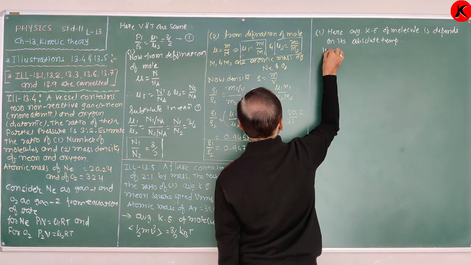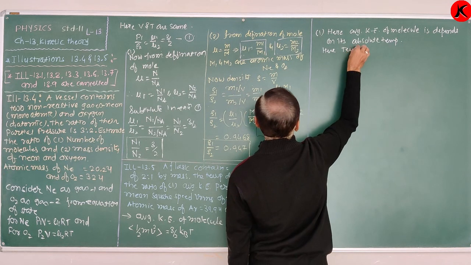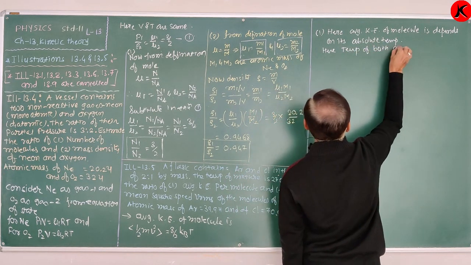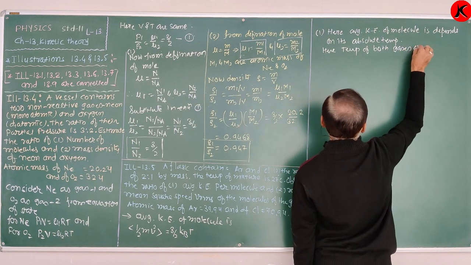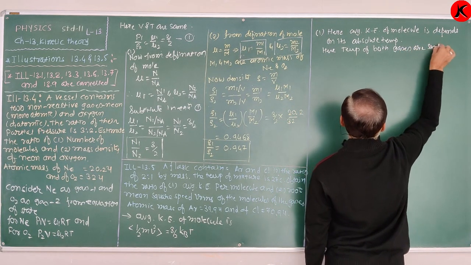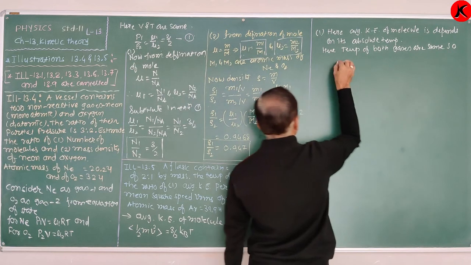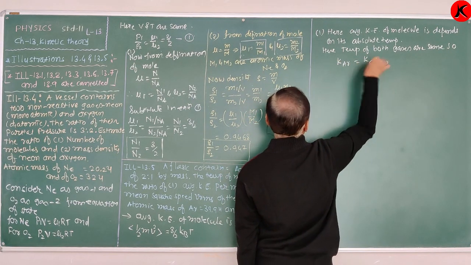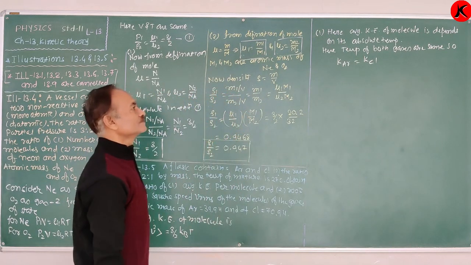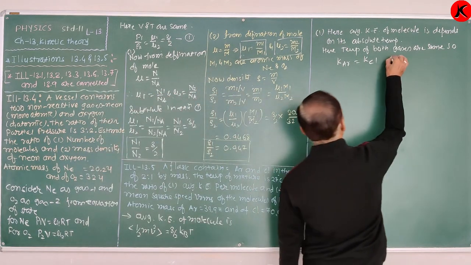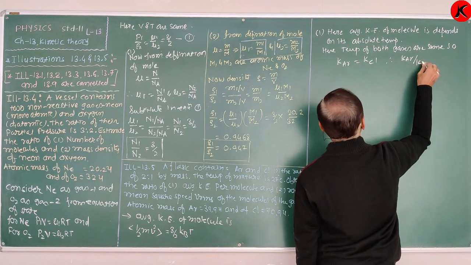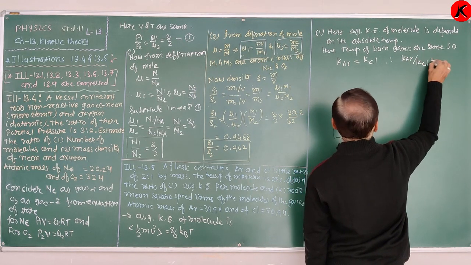Here, the temperature of both gases is the same. So the kinetic energy of argon is the same as the kinetic energy of chlorine. Therefore, the ratio of the kinetic energy of argon to the kinetic energy of chlorine is 1.